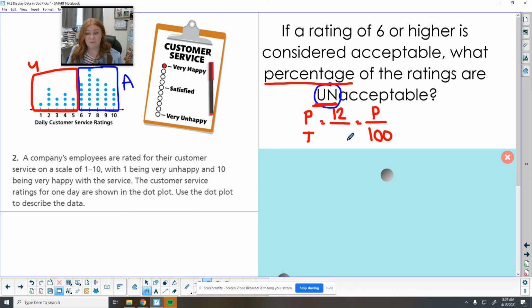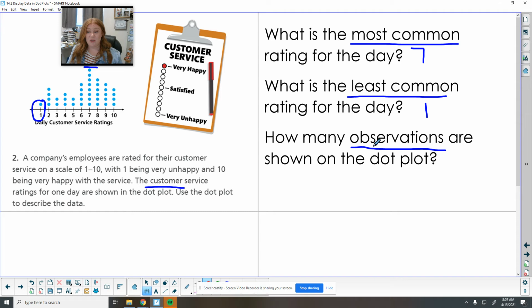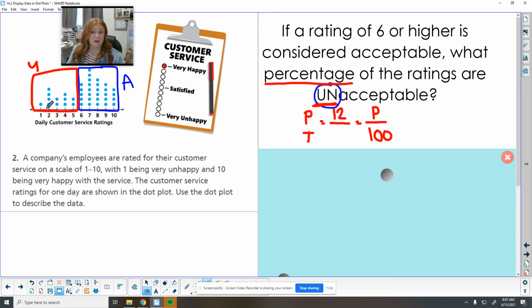And then we need out of the T for total, right? They surveyed 100% of their customers. Here's their customers for the day. We need to know how many that was, which if you come back here, you've already figured out how many total observations there are. So just to be sure, so we had 12 on this side. So 12 here.